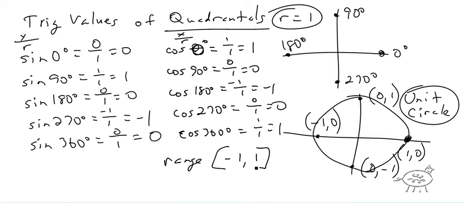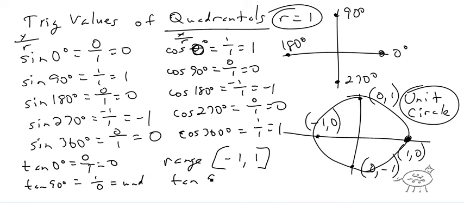So, let's see, we can fit tangent in here. If I did tangent of 0 degrees, it's y over x, which is 0 over 1, which is 0. Tangent of 90 degrees is 1 over 0, which is undefined.